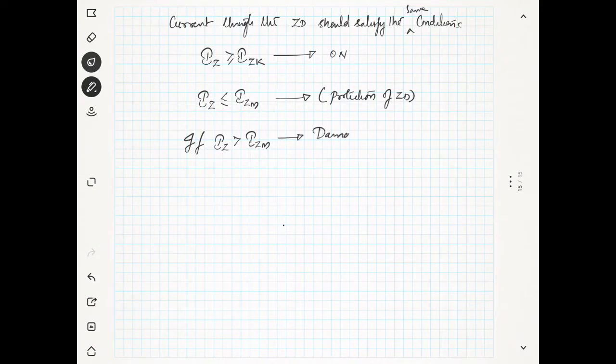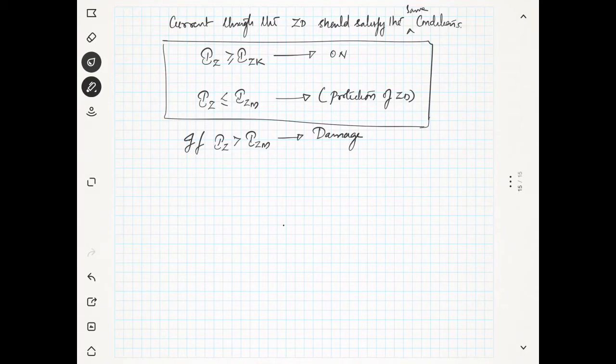So the current through the Zener diode should be greater than Izk and less than Izm.